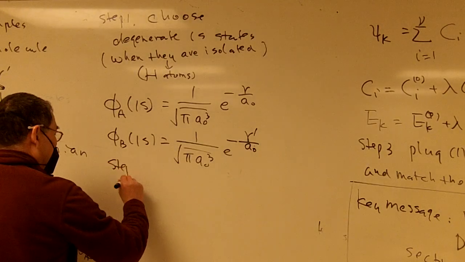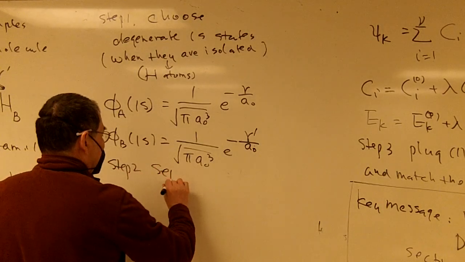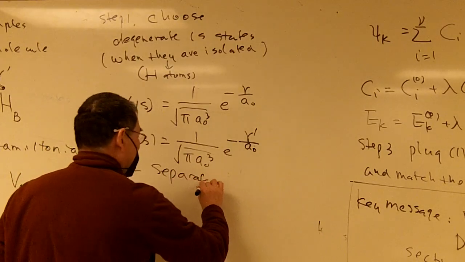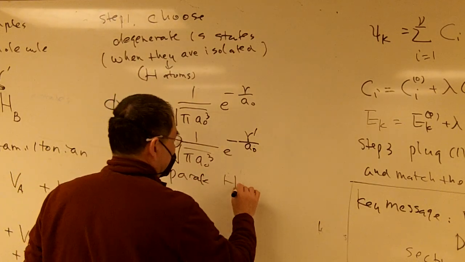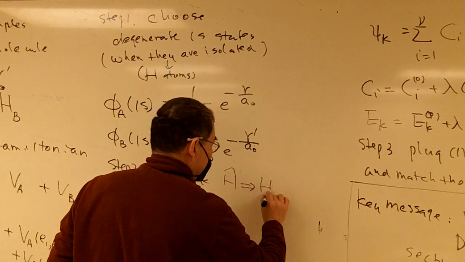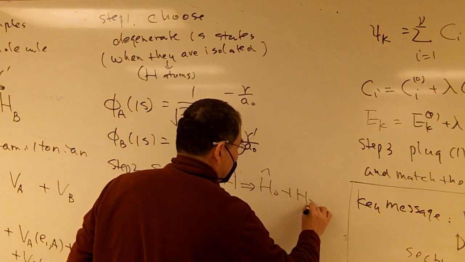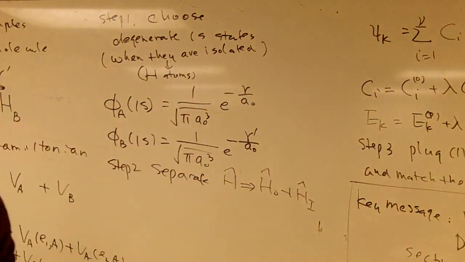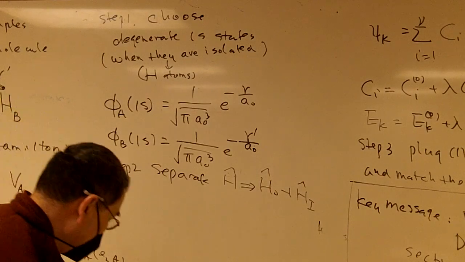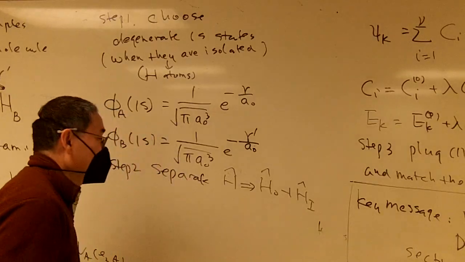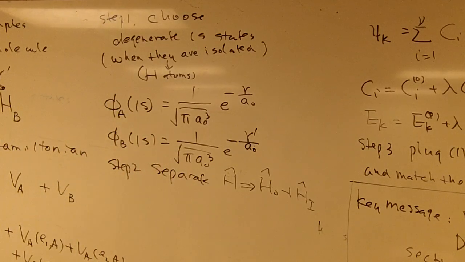Step number 2. We're going to separate the Hamiltonian into H naught plus H hat. That separation is exactly the same as we did in non-degenerate perturbation theory, no difference.